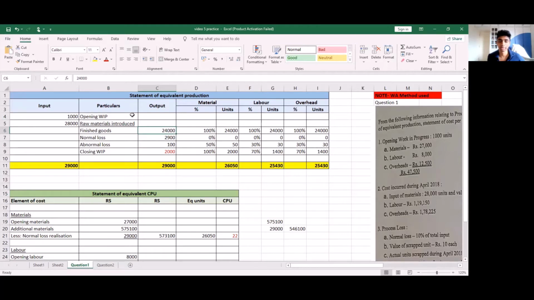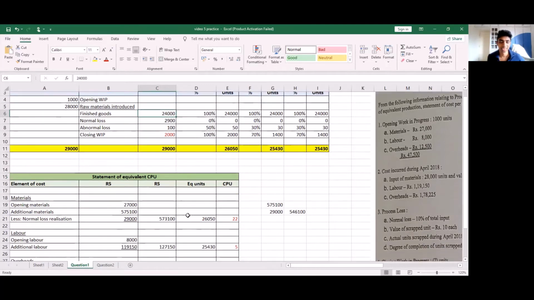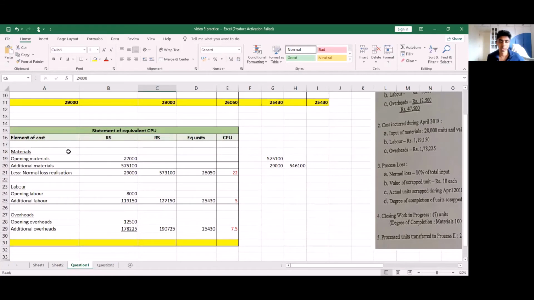And since we have not mentioned it separately in opening work in progress, we do not have to subtract it from our finished goods. Our next difference lies in our statement of equivalent cost per unit, where we also have to add opening materials, opening labor, and opening overheads, which is nothing but the cost incurred in opening work in progress in these three parts of the processes.